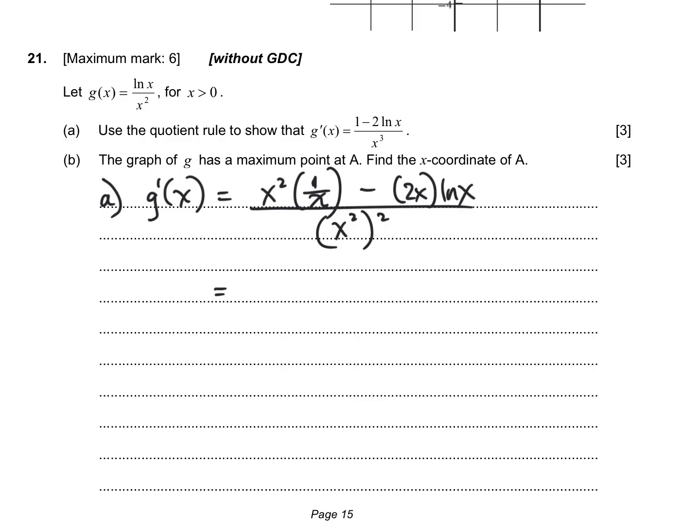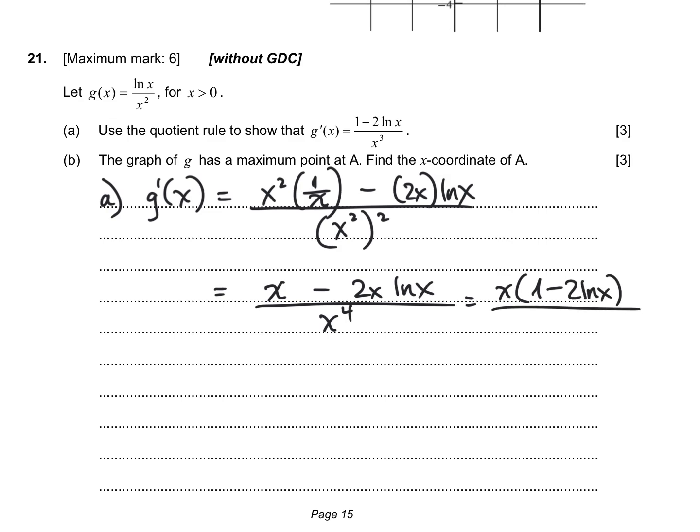So this is going to simplify to x squared over x is x, and then minus 2x natural log x over x to the 4th. And then we can factor out an x, so that's going to be 1 minus 2 natural log x over x to the 4th, and we can cancel one of those. So that's 1 minus 2 natural log x over x cubed.